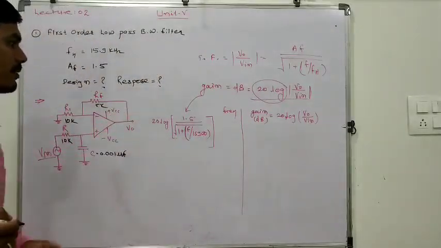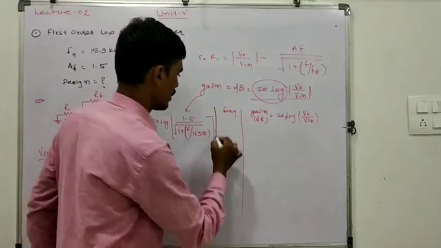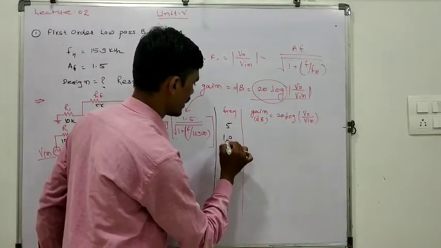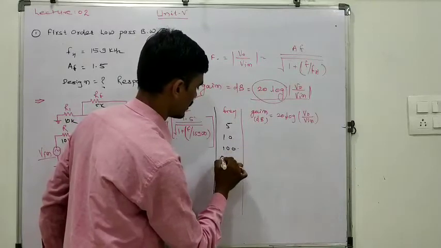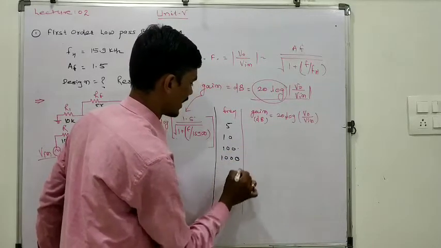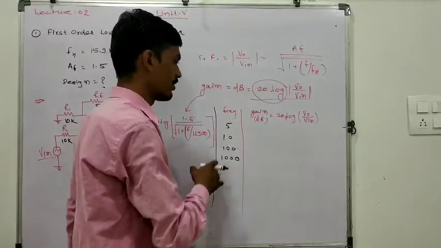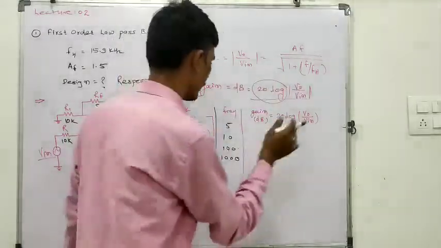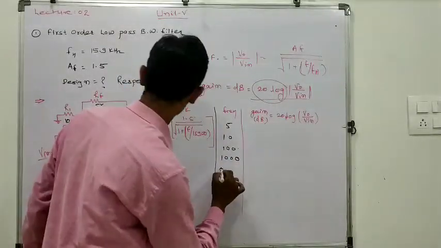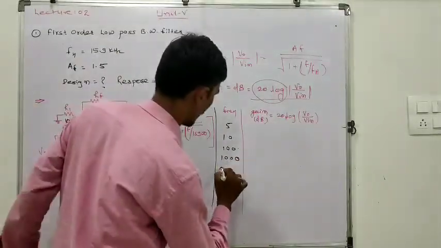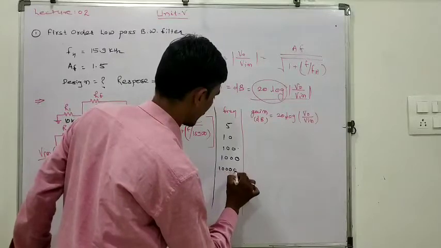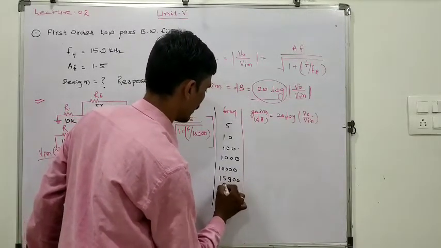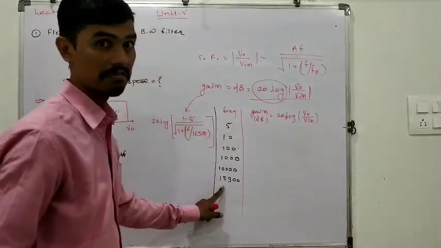For plotting this table, we are using the frequency values 5, 10, 100, then 1000. Randomly we select the frequency values because we have to plot different points, and by connecting these points we get one curve. Here we are considering 10k, 10,000 means 10k. Then 15.9k because this is the cutoff frequency.